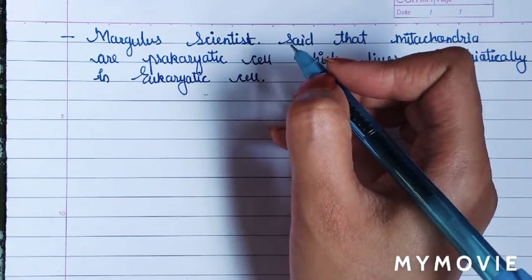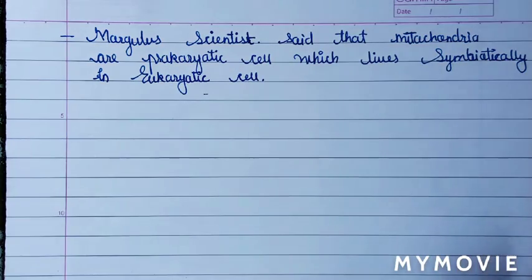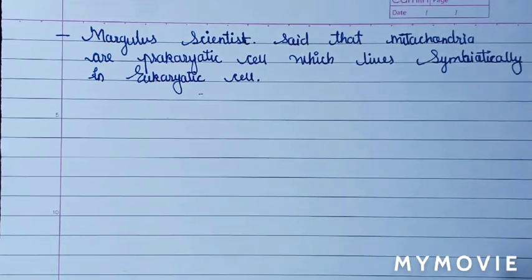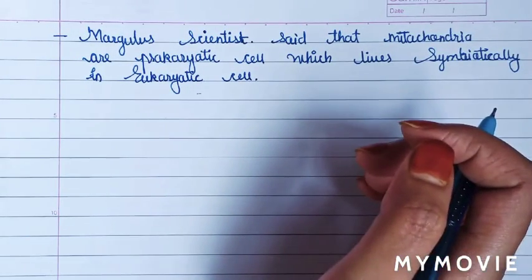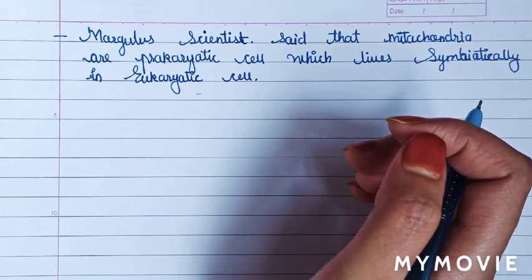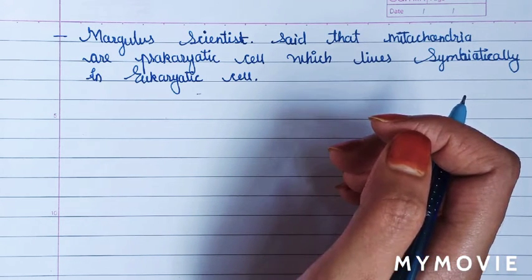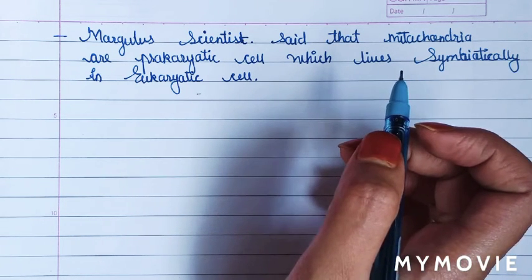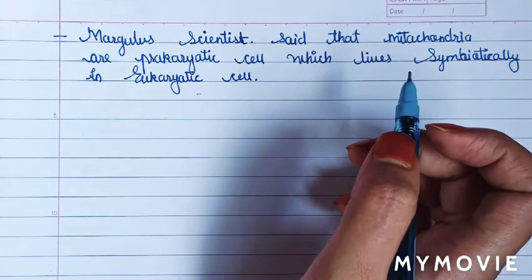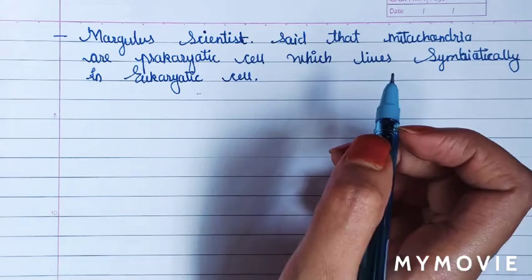Now, mitochondria is the only cell organelle which has DNA inside it. Means other cell organelles such as lysosomes, Golgi body or endoplasmic reticulum do not have their own DNA, but this mitochondria is the only cell organelle which consists own DNA. So mitochondria is a cell within cell organelle.